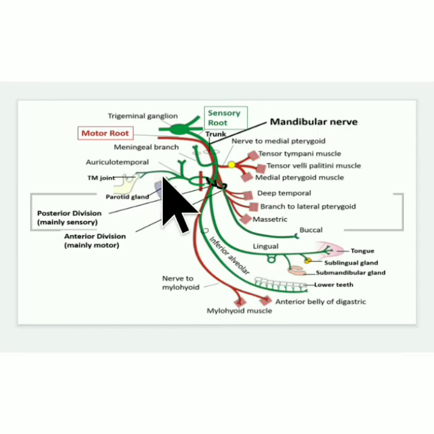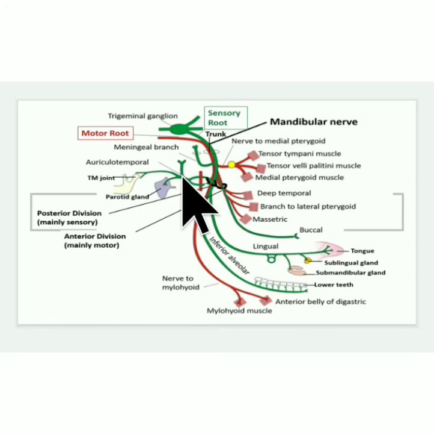So the auriculotemporal nerve arises by two roots, and it encircles the middle meningeal artery to join and form a single trunk. Afterwards, it passes between the neck of the mandible and the sphenomandibular ligament and runs upward to the temple region.